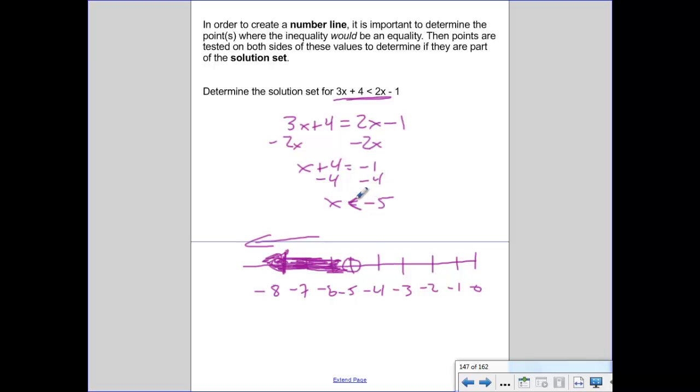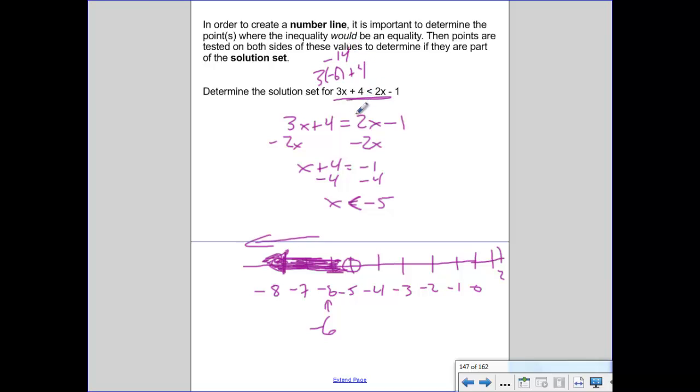We can check our work. Pick an answer that should work. Now, -5 does not work though. Well, 2 would be way over here. -6, -5.5. Why don't we go with -6? Should -6 be an answer that works? Okay, let's test it. 3 times -6 plus 4 on this side of the equation would be negative 12? No. Negative 14.